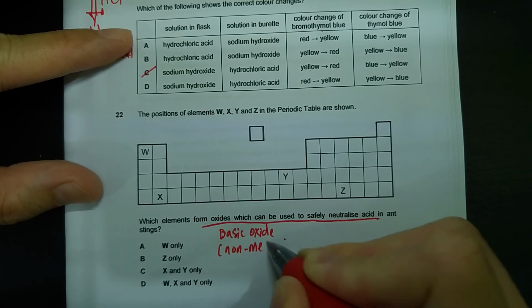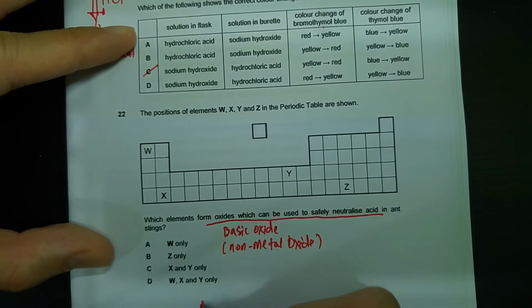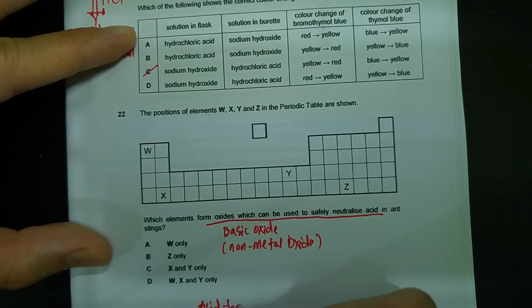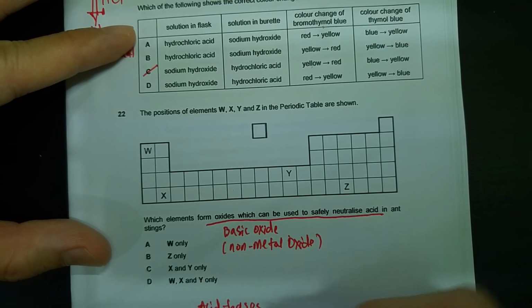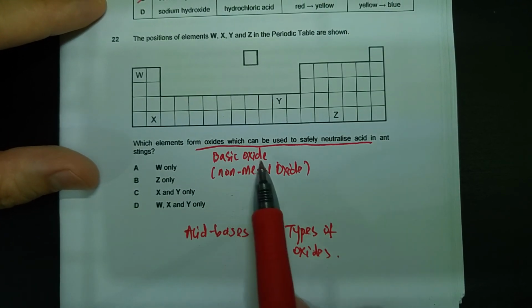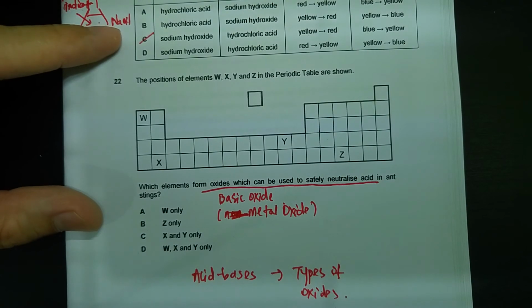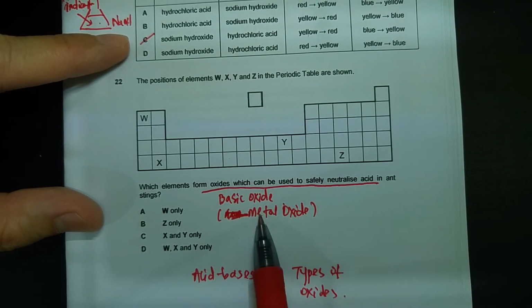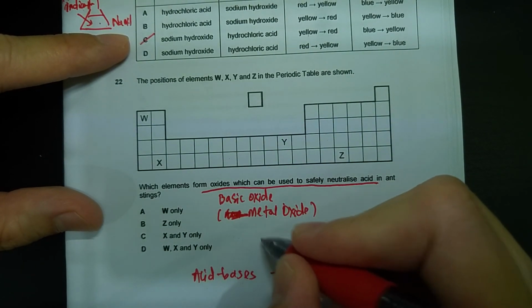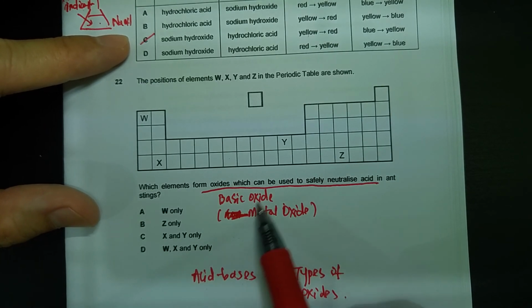Refer to your acid-bases chapter under types of oxide. Basic oxide is metal oxide, not non-metal oxide. So for example, sodium oxide and copper(II) oxide are all basic oxides.